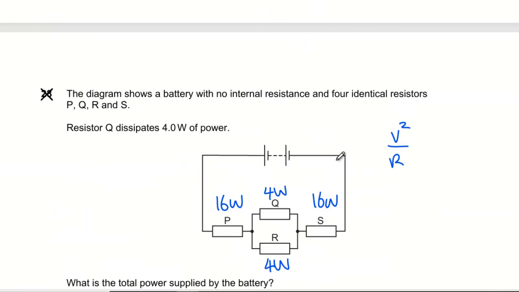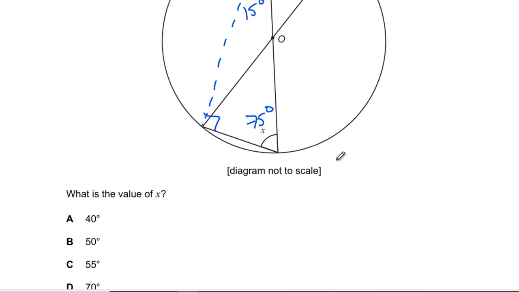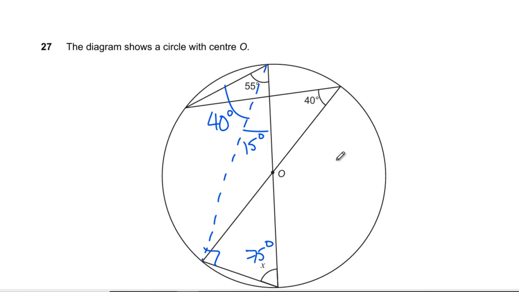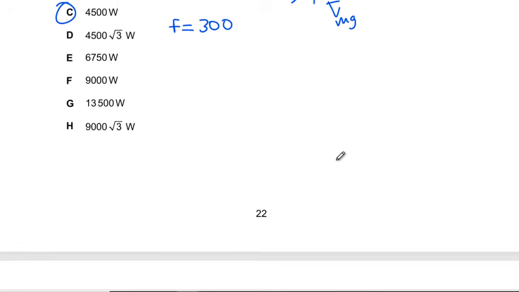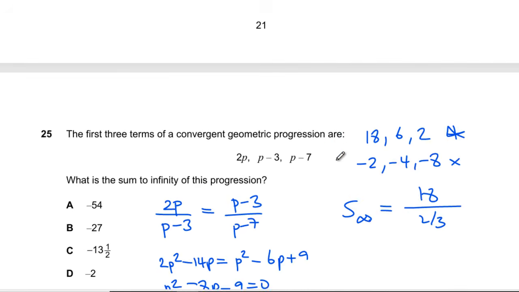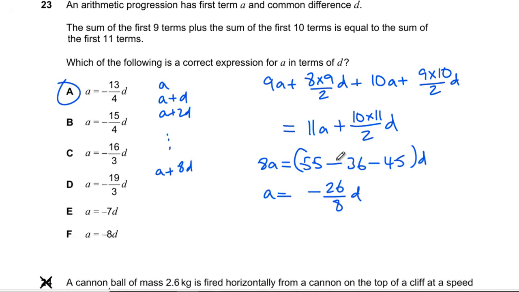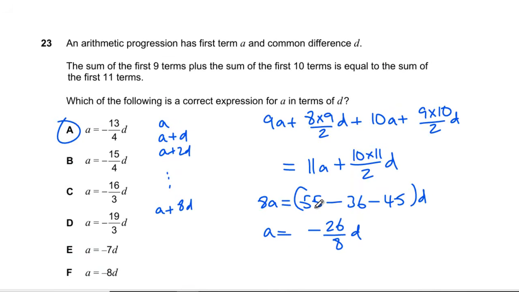So I don't think they necessarily had the most difficult ones at the end of the set of questions. They had some nice ones at the start. 27 would have been quite easy to miss what to do there. So it was an interesting set of questions, but I reckon overall that was a bit harder than 21, 22 as years go. So there you go. That's the ENGAA 2023.